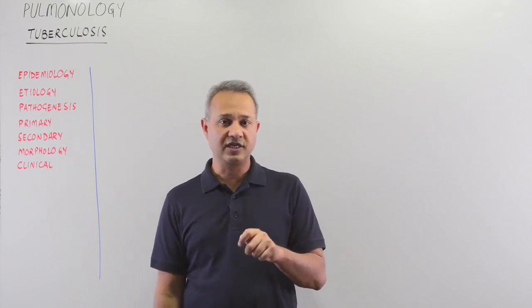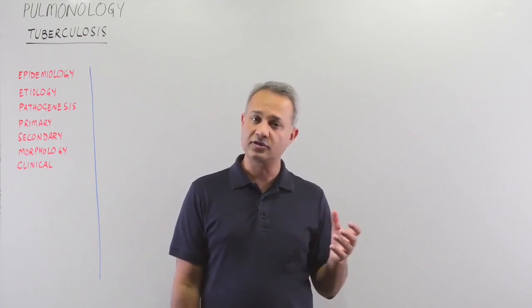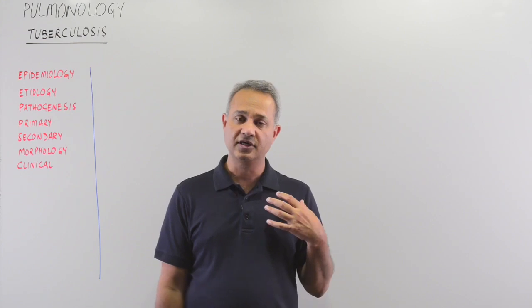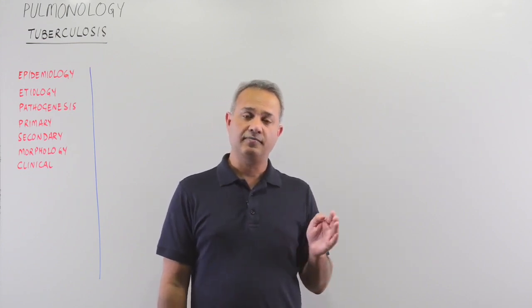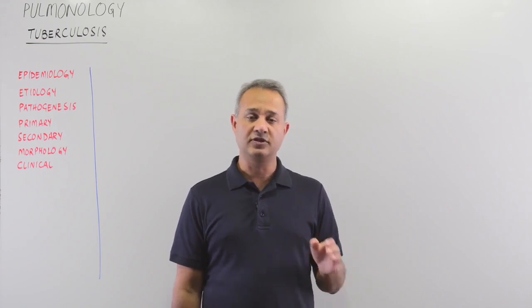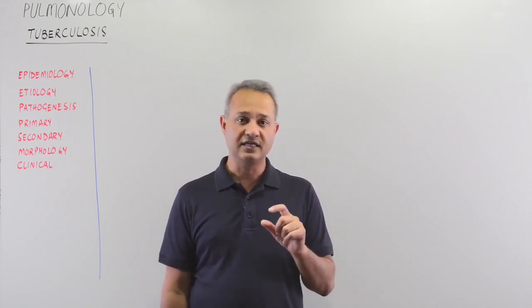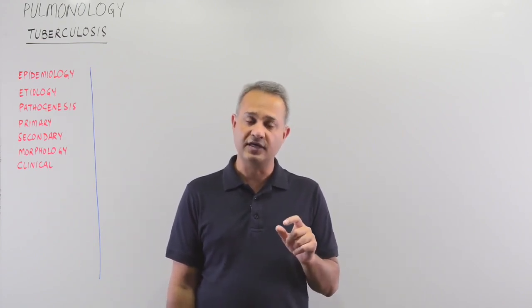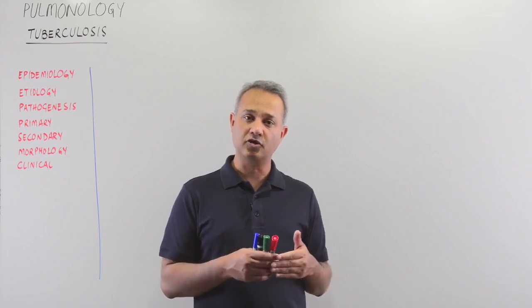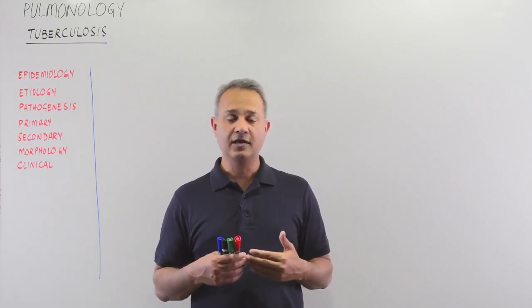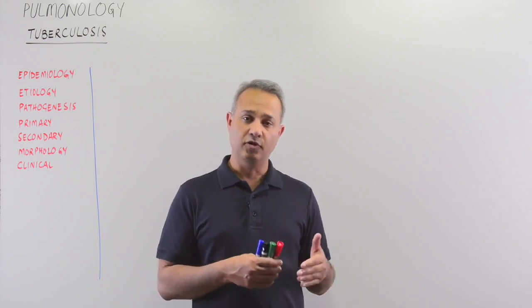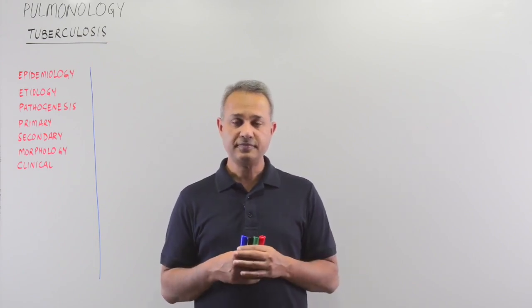So Mycobacterium tuberculosis bovis is also a species that can affect humans. And then there is Mycobacterium avium as well, which is usually less prevalent and less virulent. However, for patients who are immunocompromised, 10 to 30% of those patients get infected by Mycobacterium avium.